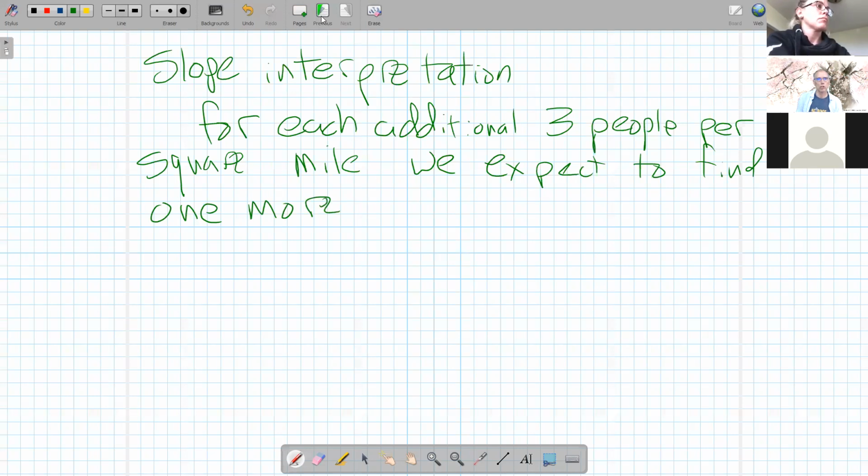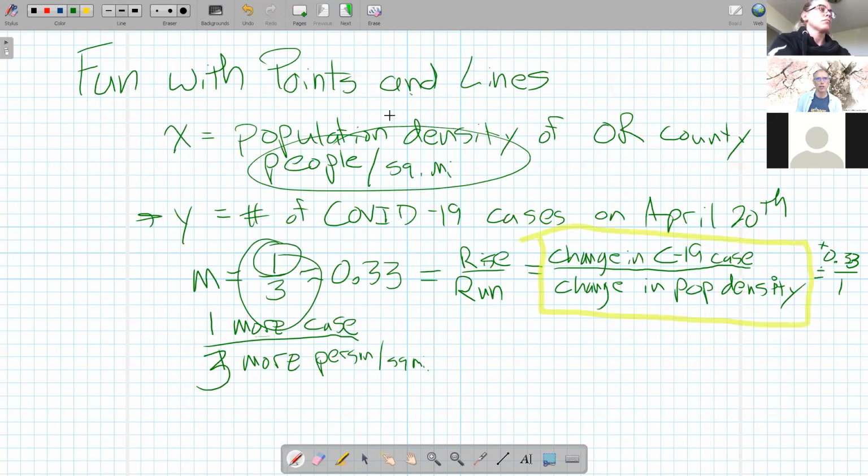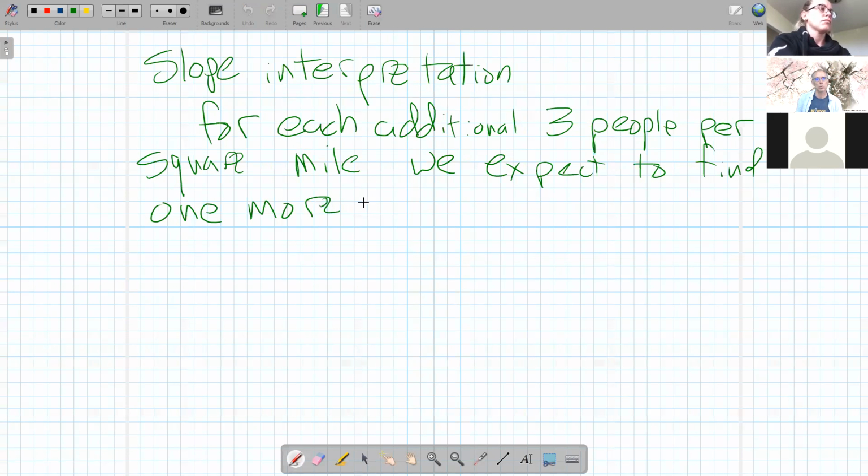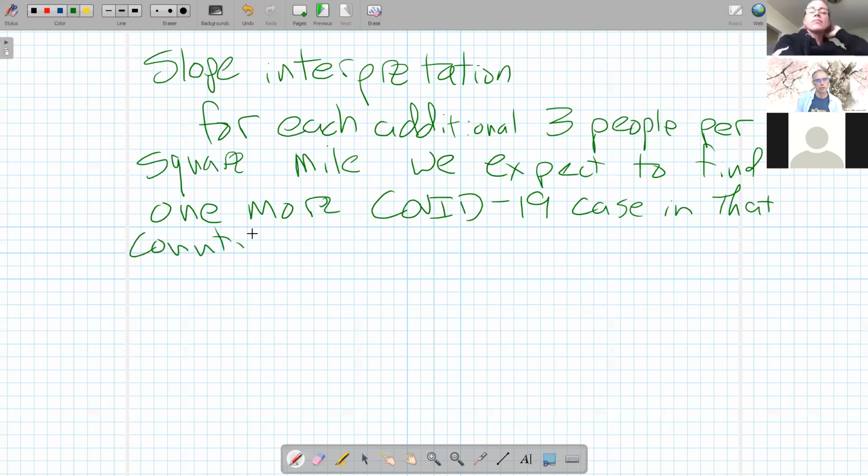Why 1 more? Because that is the numerator. 1 more COVID-19 case in that county. And again, this is on average, because I'm averaging a ton of different numbers to make this prediction here.